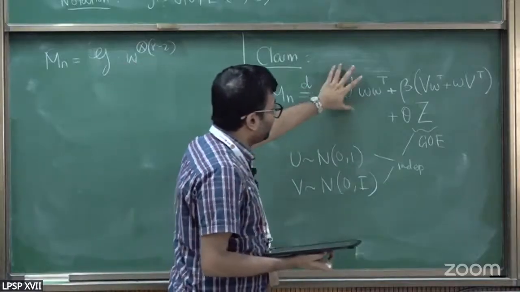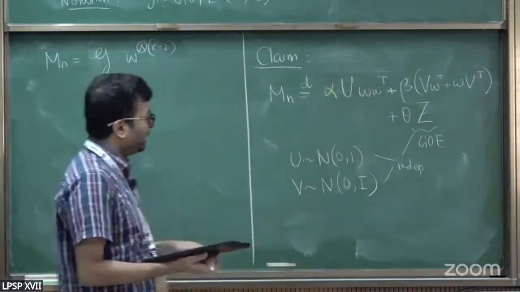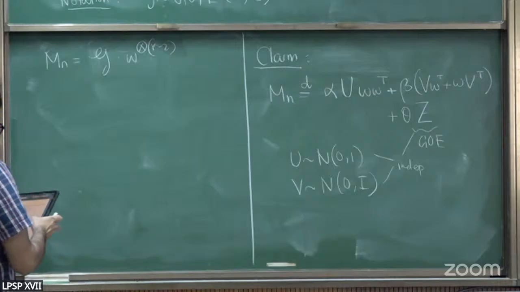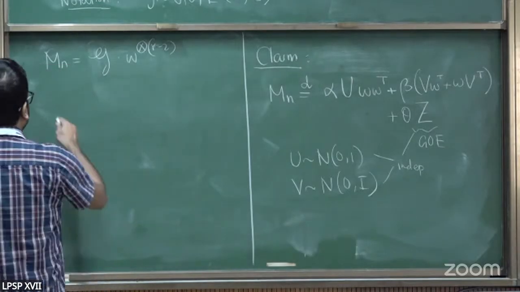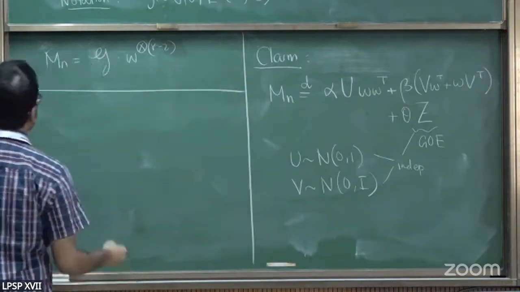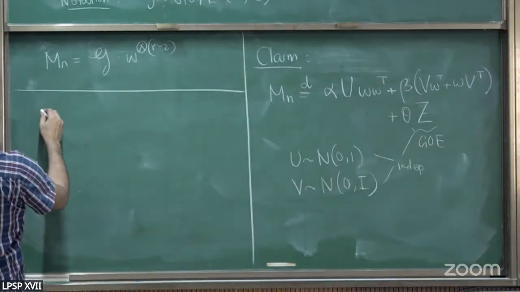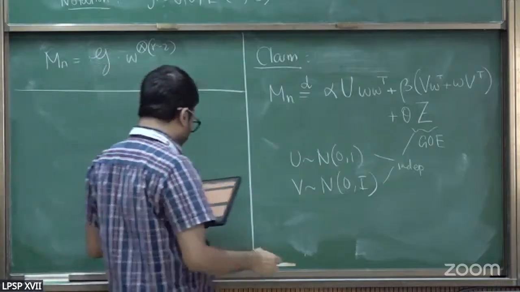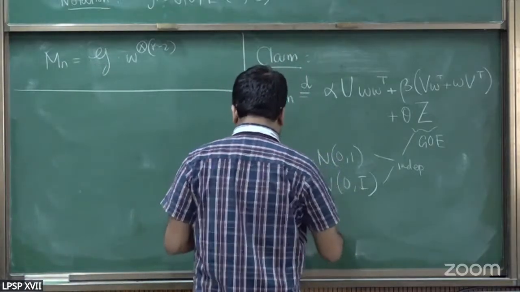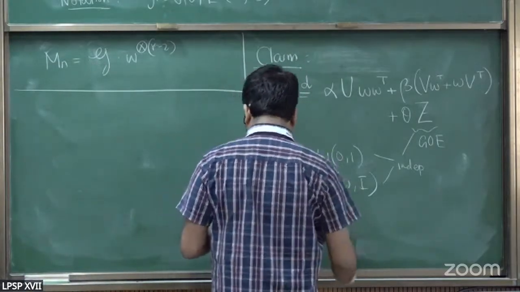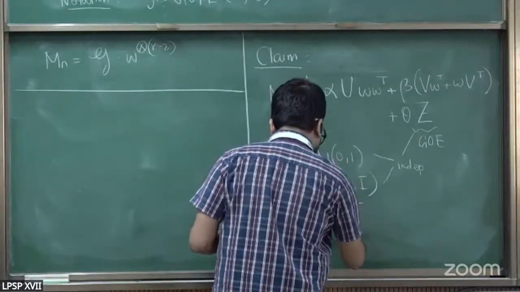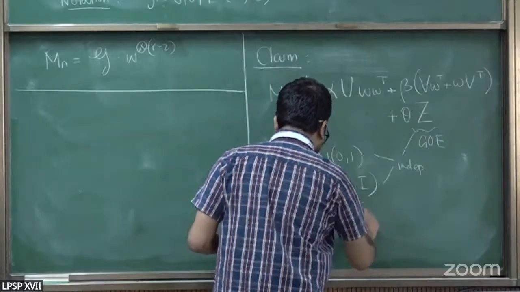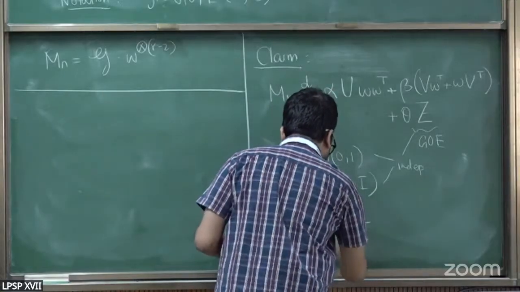But how do you guess this ansatz? Let me show you one cute computation. Let me also write down the numbers. Alpha is the square root of (r minus 2)(r minus 3) over (r minus 1).